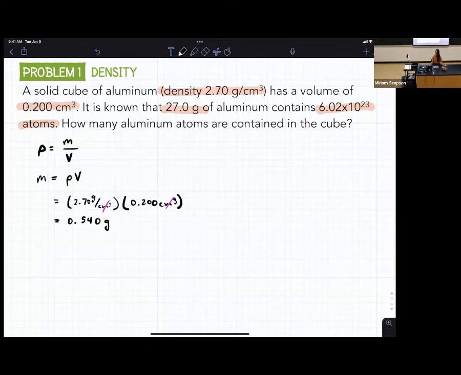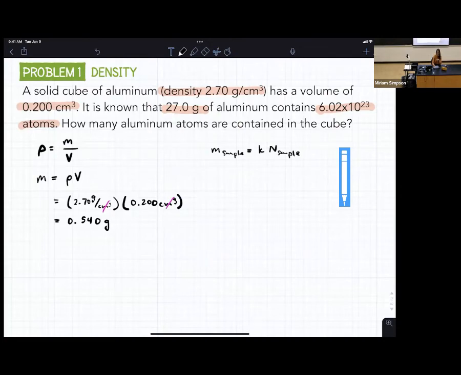All right, we want to know how many aluminum atoms are contained in a cube. So we know that there's a mass of the sample, and that should be equal to some constant times the number of atoms in the sample.